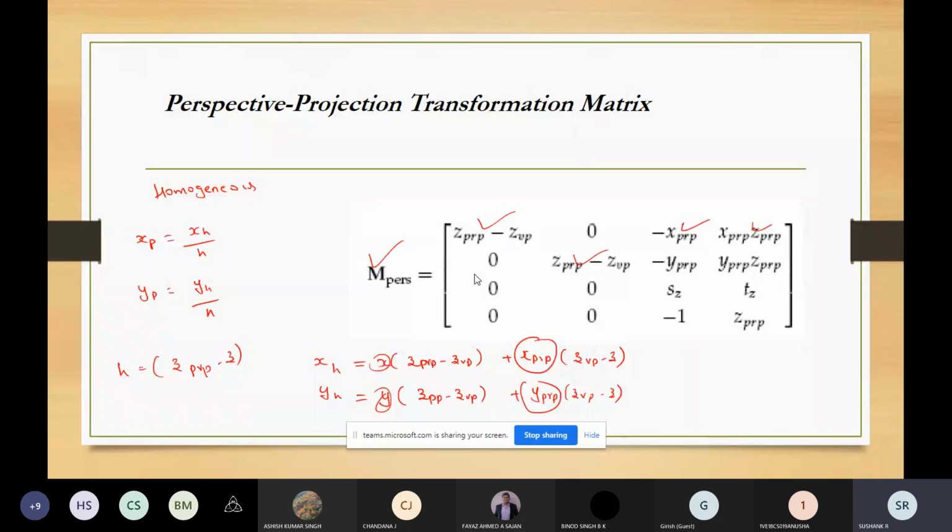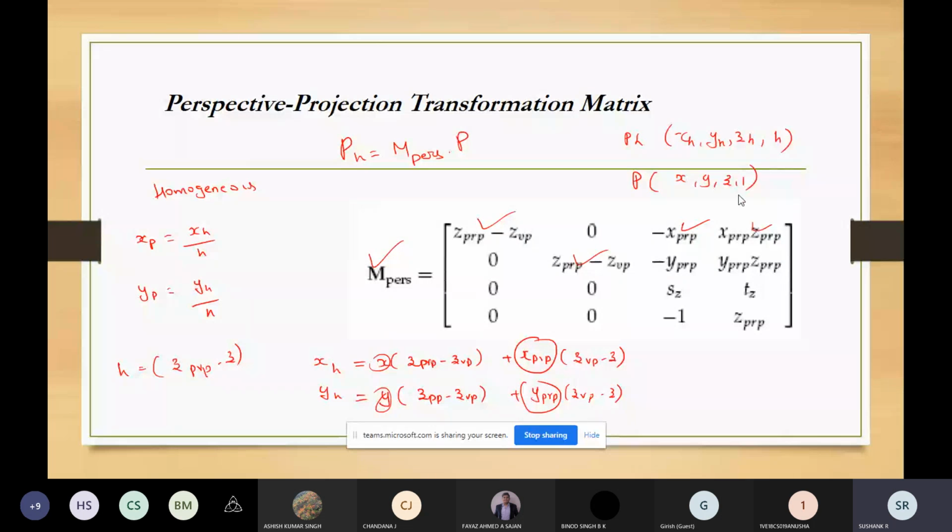So how this will be formed: it can be formed by the equation ph is equal to this matrix into p. Here ph is a combination of xh, yh, zh, and h, and p is a combination of x, y, z, 1.